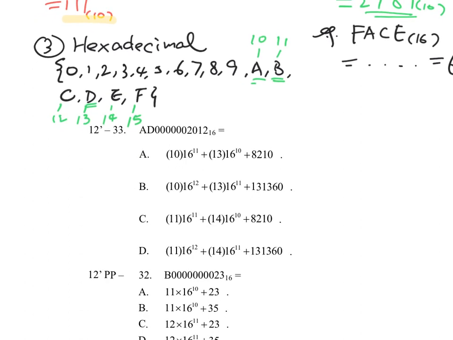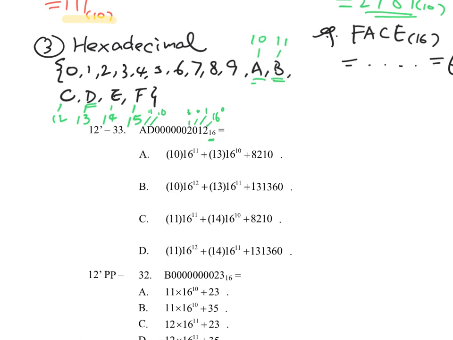The first job is to read the place values from the question. You have to note it's hexadecimal, so it starts at 16 to the power 0. For my convenience, I just write 1, 2, 3, 4, 5, 6, 7, 8, 9, 10, and at last 11. These are the place values you find in the question.